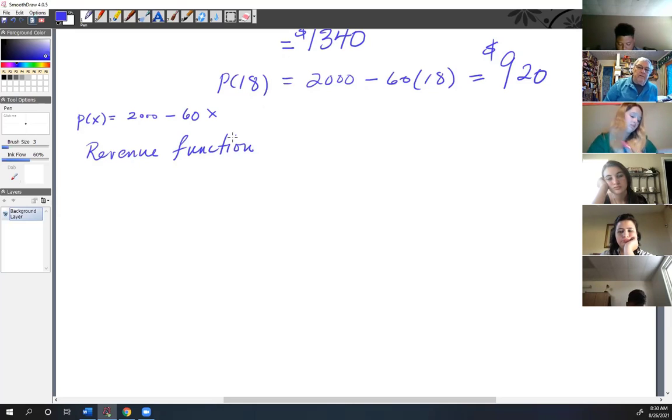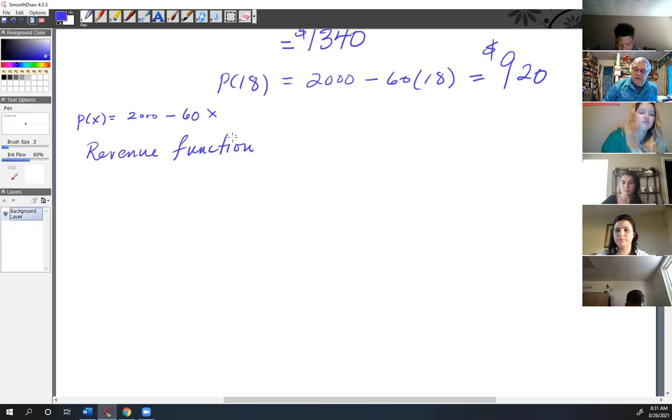Well, do we have enough information here to know anything about the revenue? Can we project the revenue for this company? And what is the revenue? Just think, if you're going to have a lemonade stand in the front yard, what's the revenue going to be? The price of the lemonade times the amount that you sold.